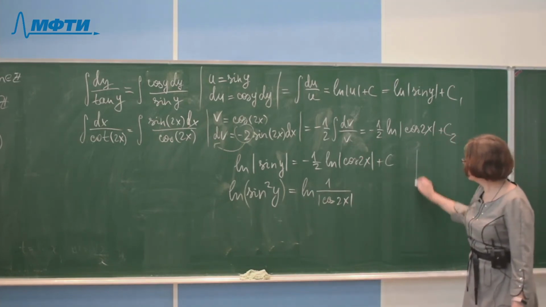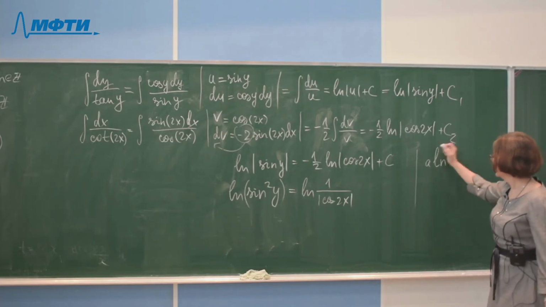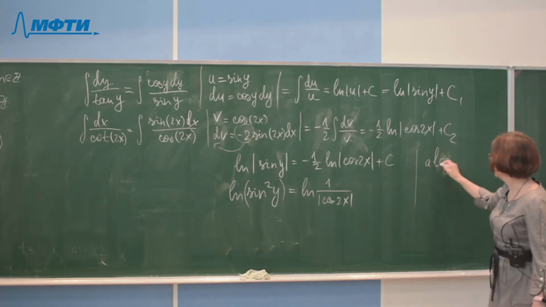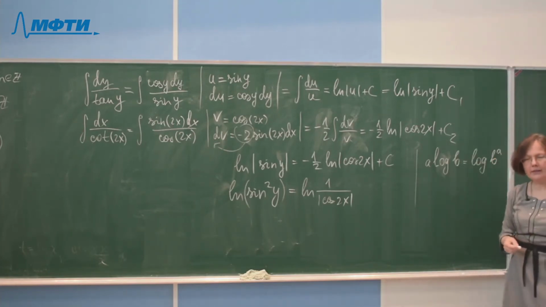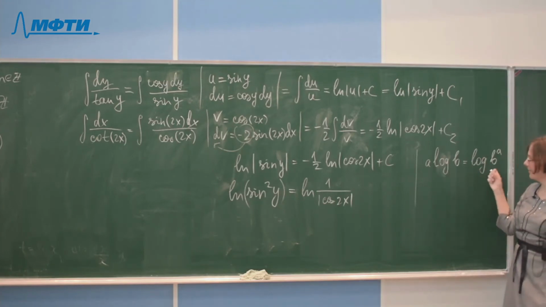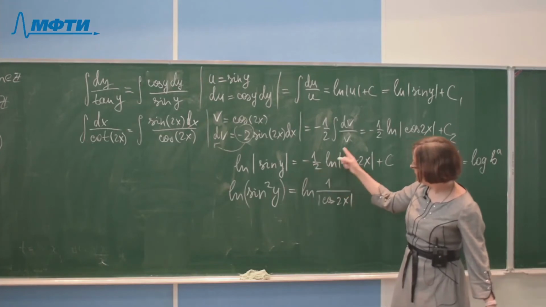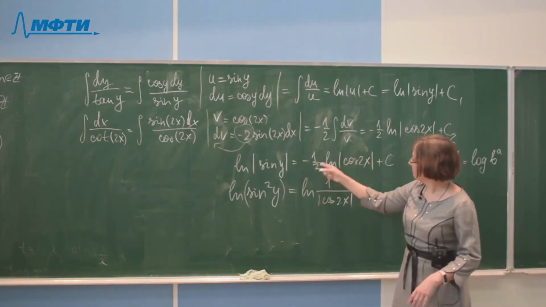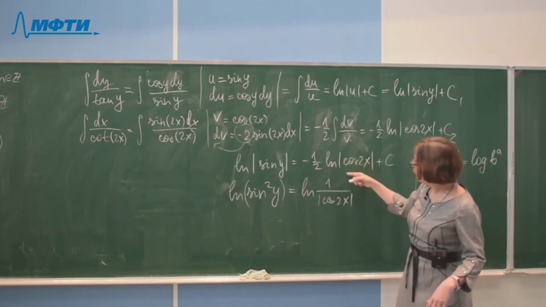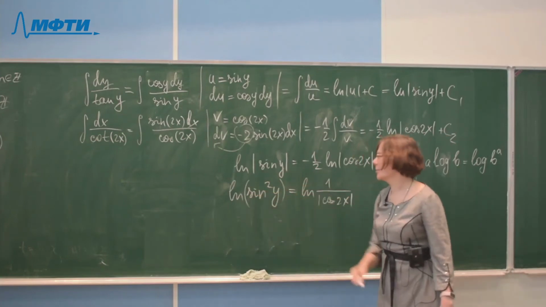So using the following property of the logarithmic function, a log b is equal to log b raised to the power a. Using this property, we have minus 1 here, and it can appear as a power of cos 2x, and if we multiply by 2, we can represent it in this form.